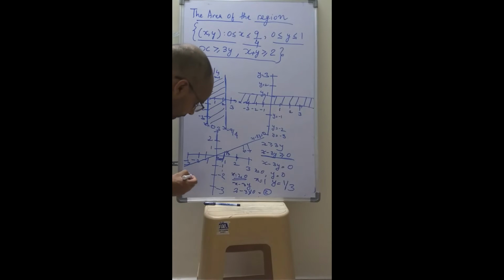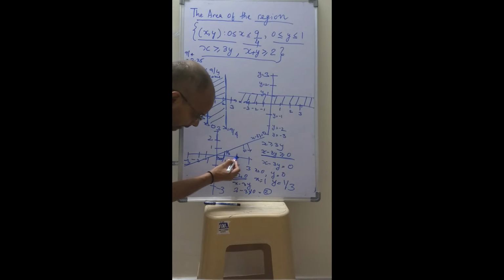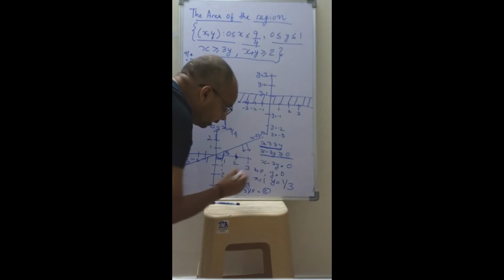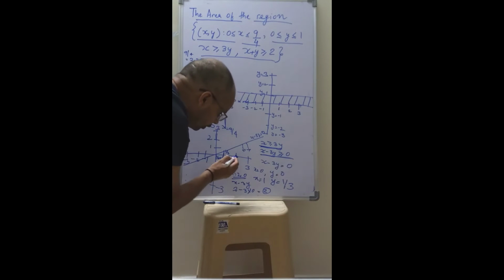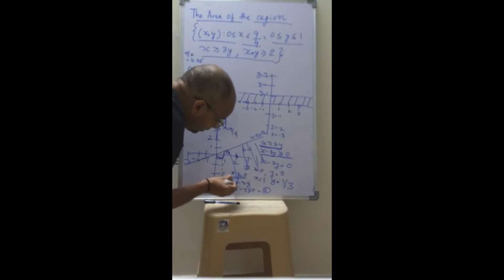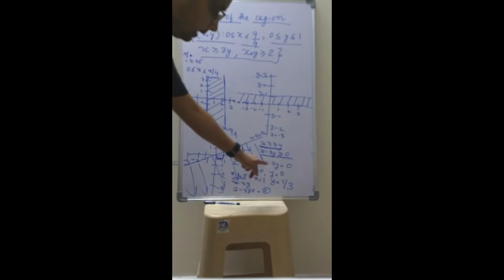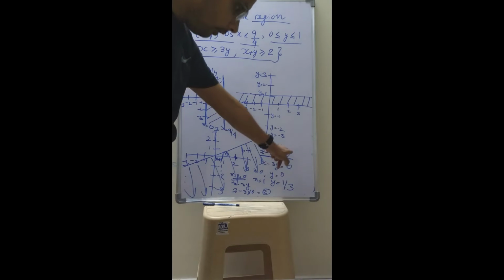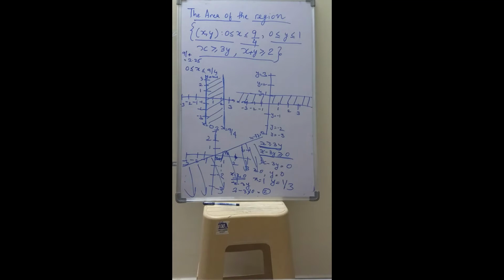Which means this point satisfies your equation x greater than equal to 3y, or x minus 3y greater than 0, which means all of this area is satisfied by your equation x minus 3y greater than equal to 0, right?